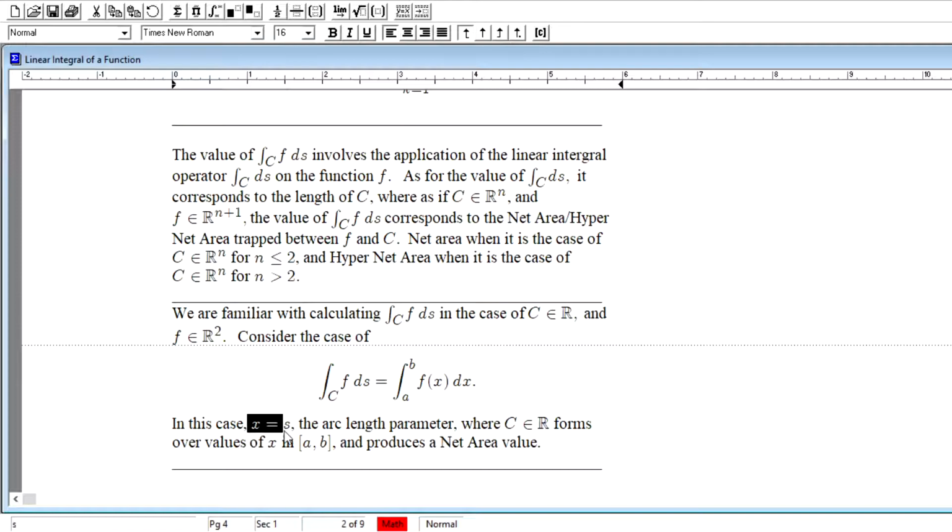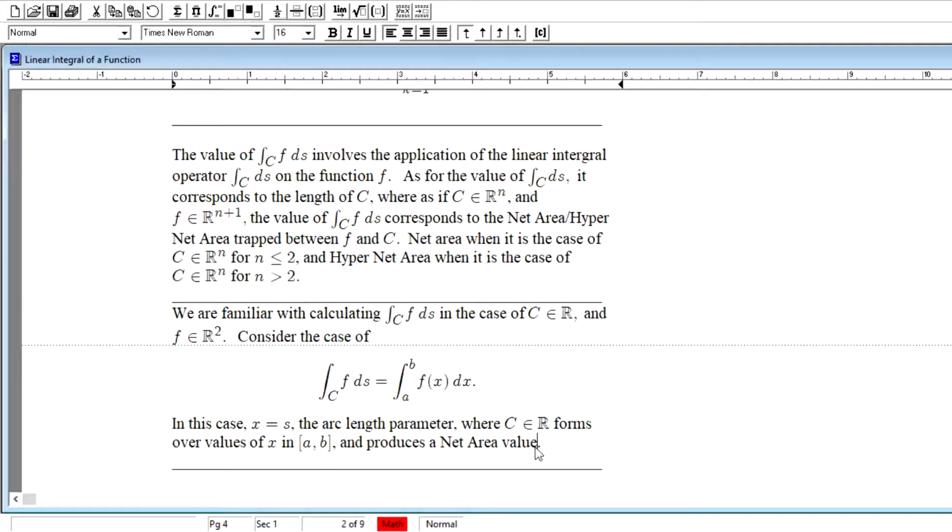X, in a sense, is the arc length parameter. Where C contained in that one-dimensional space forms over values of that arc length parameter x in some interval from A to B and produces a net area value, a net area value that we're very familiar with calculating back in Calc 1.